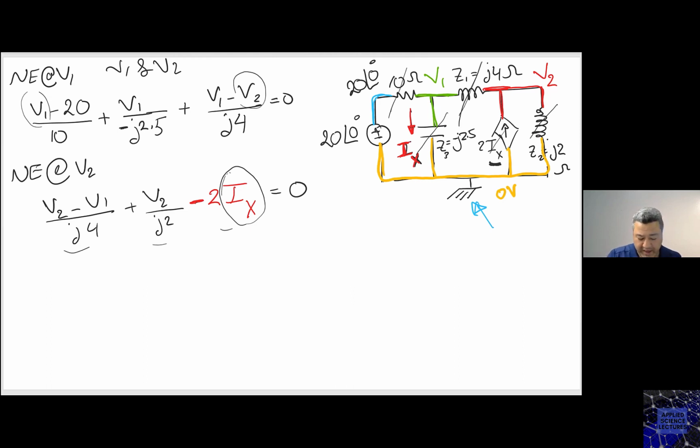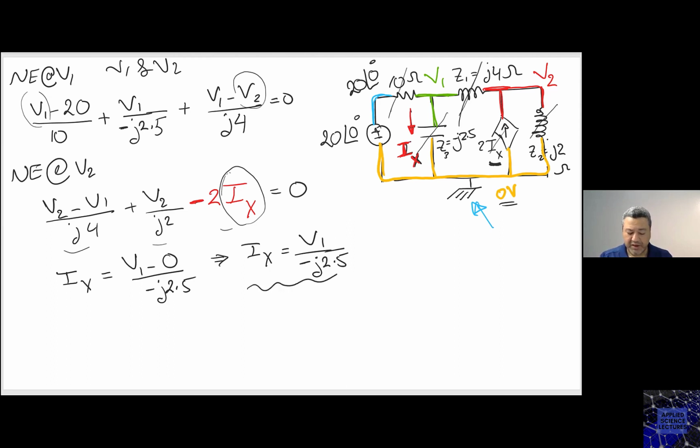I can say that indeed this ix is v1 minus 0, divided by minus j2.5, or ix is v1 divided by minus j2.5.